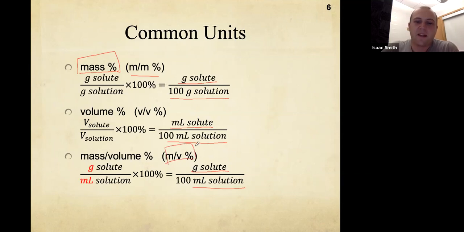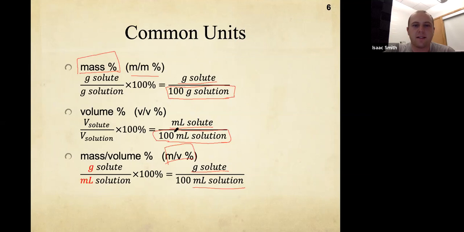The one thing I think some people get messed up on is knowing that it's per 100 grams of solution, not per gram of solution, or over 100 milliliters of solution. So the formula for all of these is either the mass or the volume of the solute divided by 100 grams or milliliters of solution.